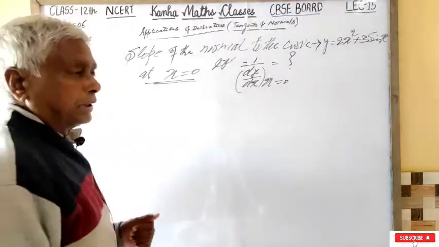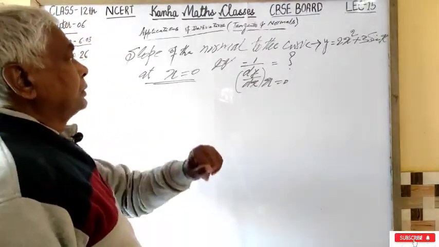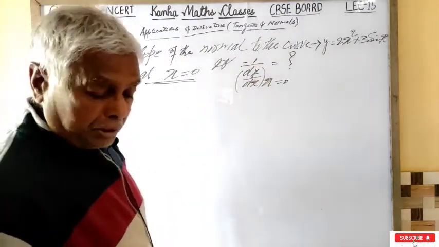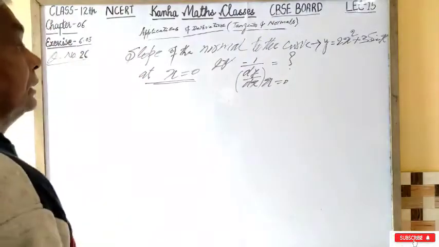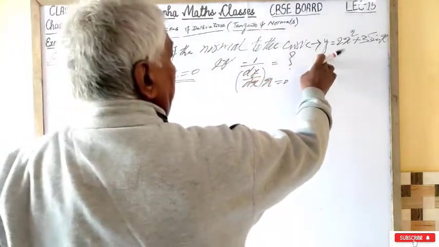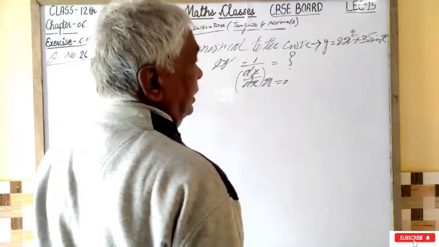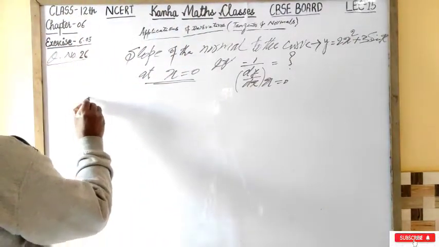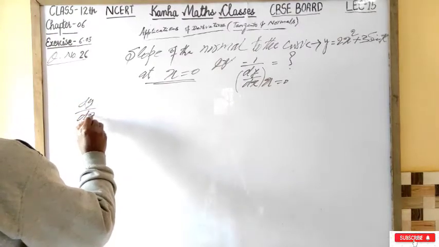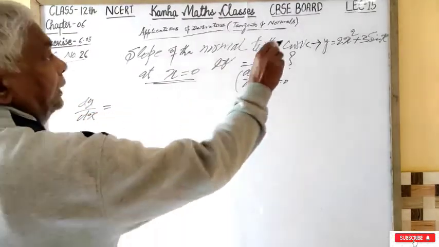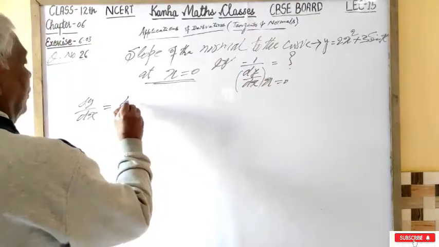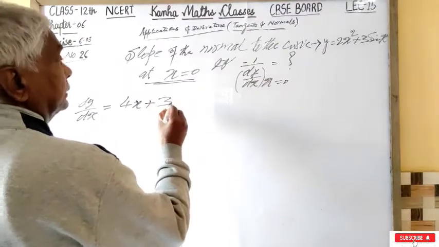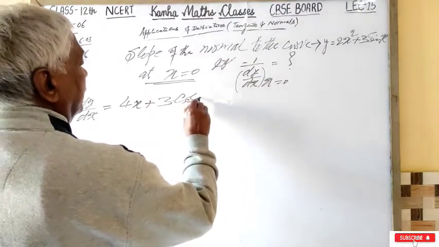Or in other mathematical terms, you have to find minus 1 upon dy by dx at x is equal to 0. For this purpose, we will differentiate the equation of the curve, y is equal to 2x square plus 3 sin x, with respect to x. So dy by dx is 4x plus 3 cos x.